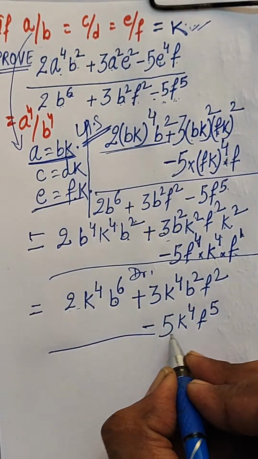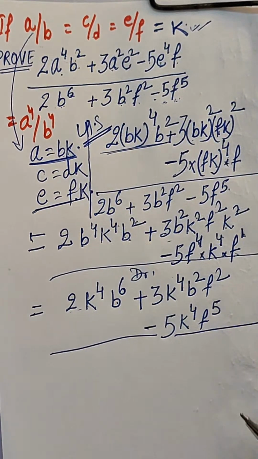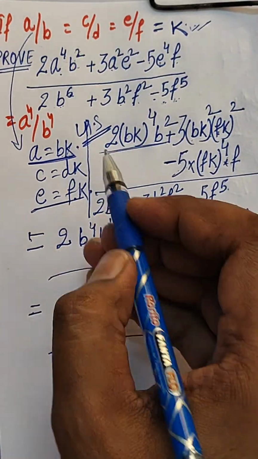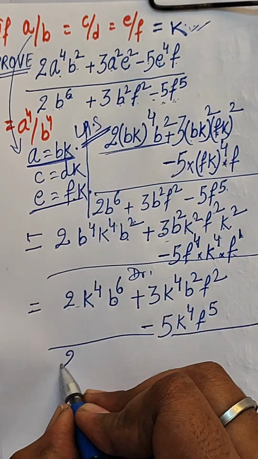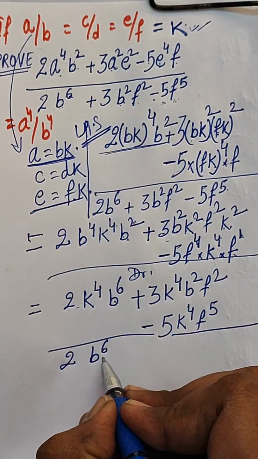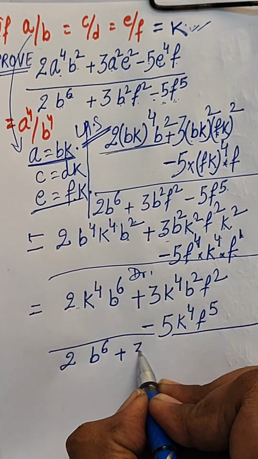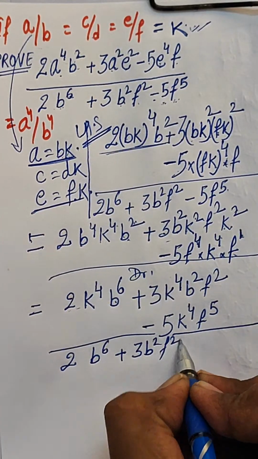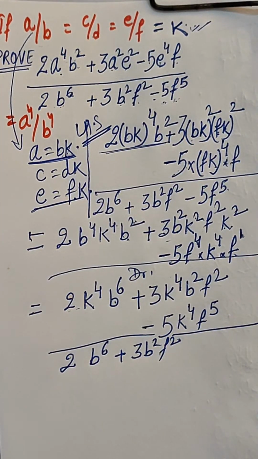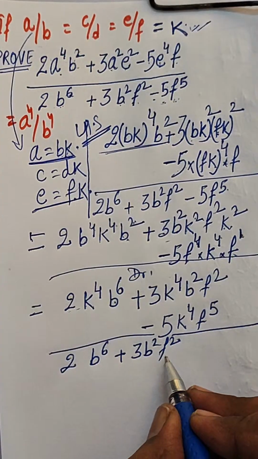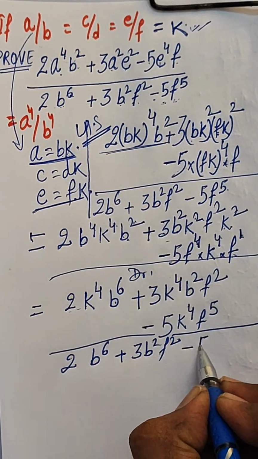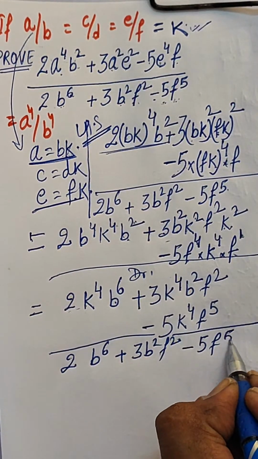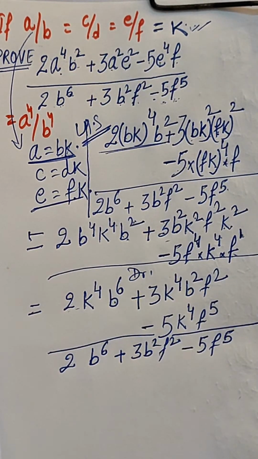And in the denominator, this time we will write the denominator: 2b^6 + 3b^2 f^2 - 5f^5.